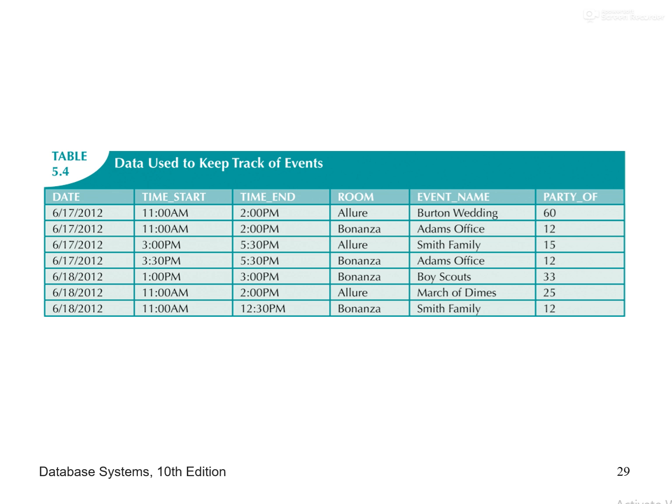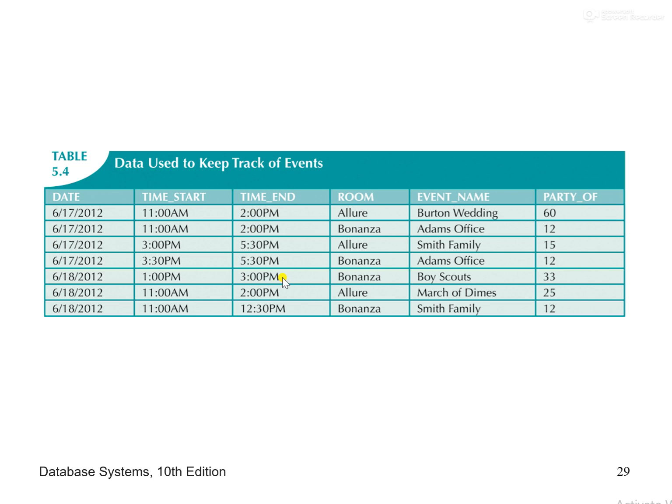Okay, for example, we have this table which is used to keep track of events. In this table we have different attributes: date, time start of the event, time end of the event, the room in which the event is going to occur, event name, and party, which is how many persons, let's suppose.